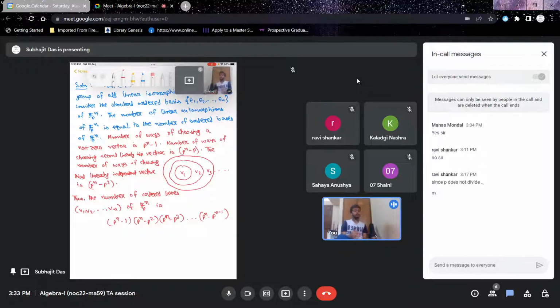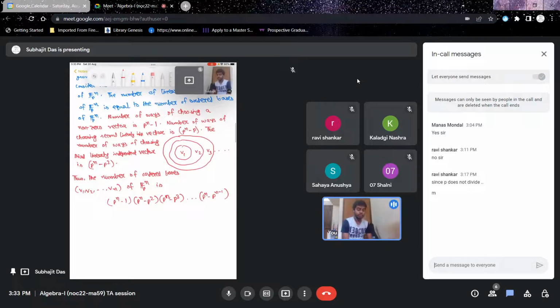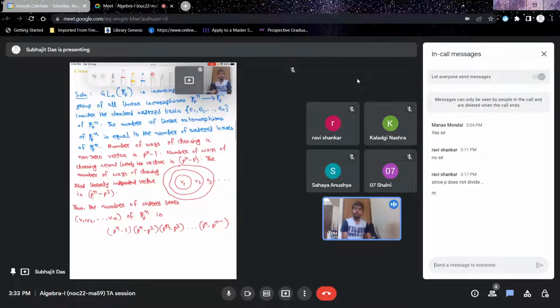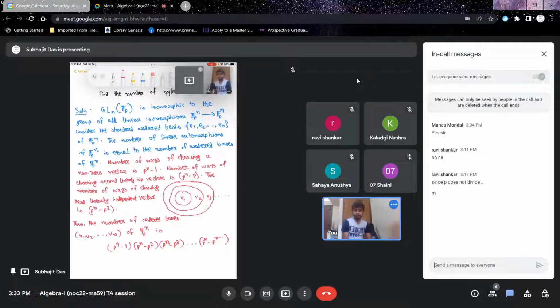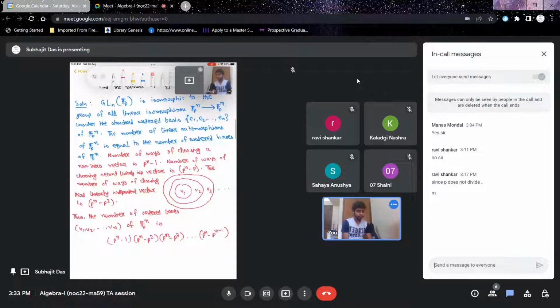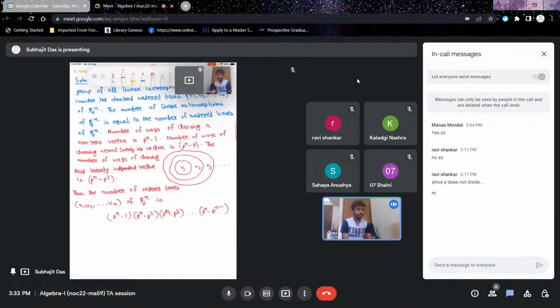This is your total number of ordered bases of Fp^n, and hence you know that the number of linear automorphisms of Fp^n, or in other words the number of elements of GL n Fp, is precisely this number, right?